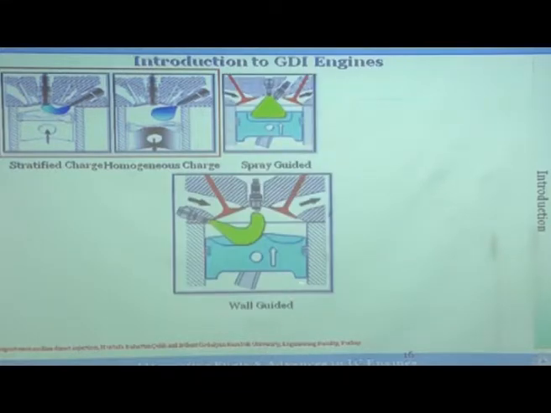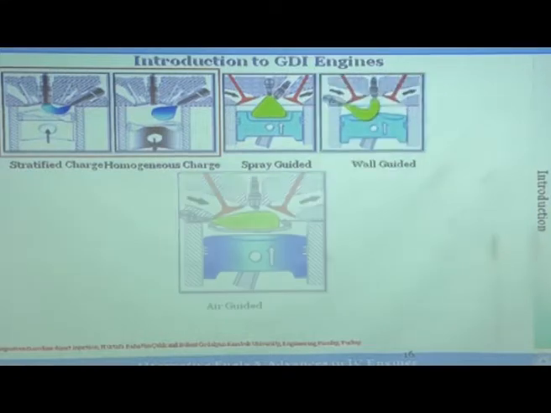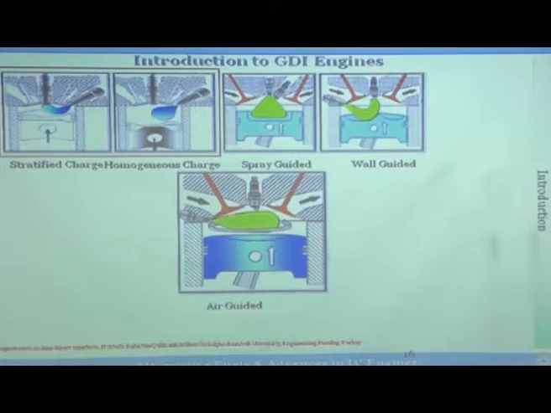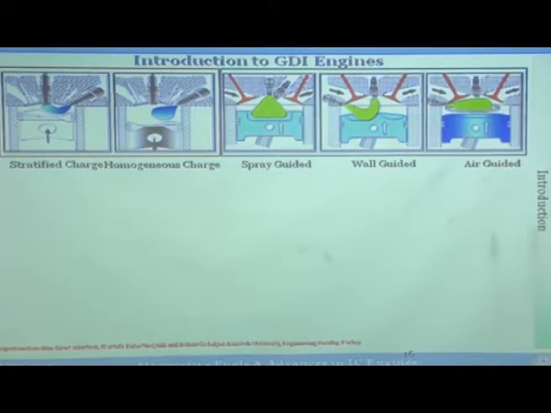Then this is called wall guided. So, you have such a strange shape of the piston, and because of the shape of the piston, the spray gets diverted very close to the spark plug. This is called wall guided. And then you have air guided. Air circulation, air motion is primarily used to bring the fuel very close to the spark plug. So, that is called air guided. Okay. So, these are the different designs of GDI engine combustion chambers.